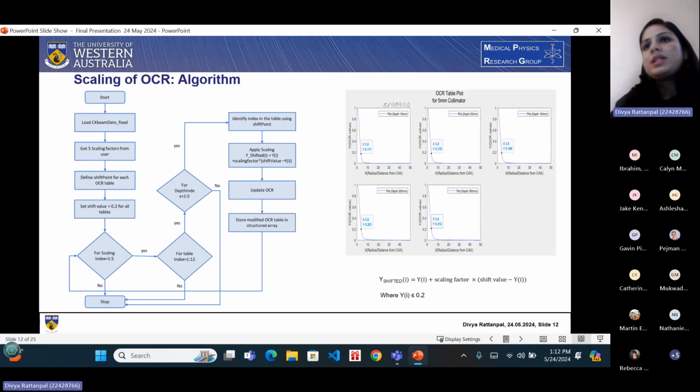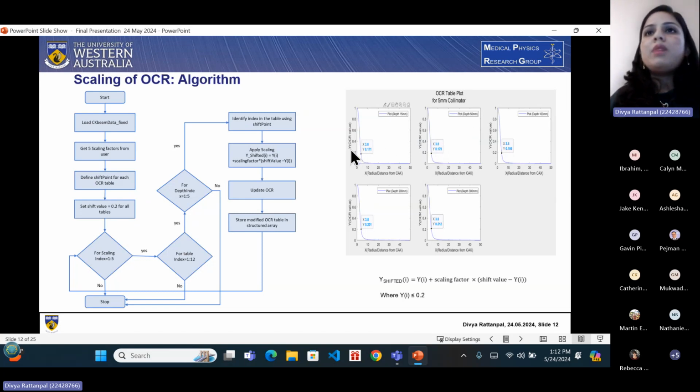Here you can see the off-center ratio profile of a 5 mm collimator. In this profile, for the 5 depths, X represents the radius or the distance from the central axis, and Y represents the corresponding off-center ratio value.